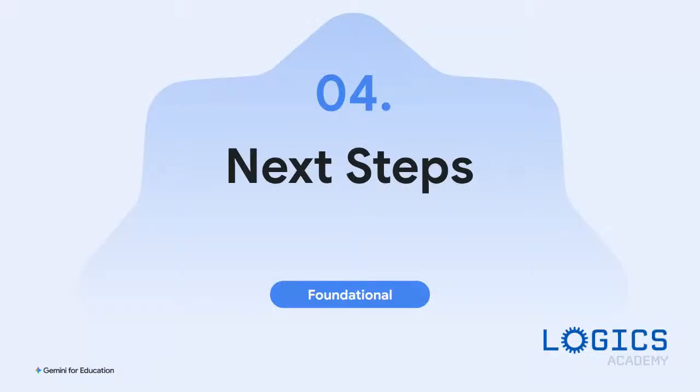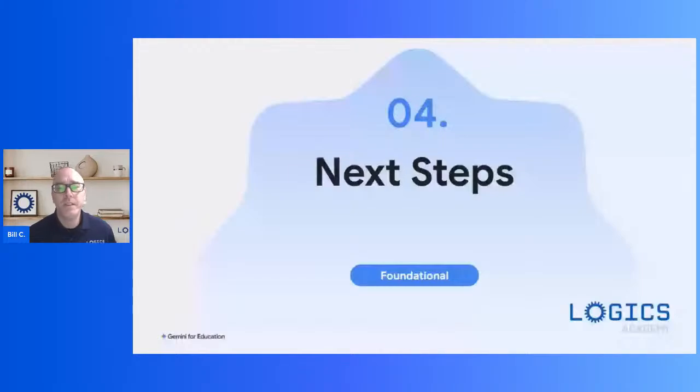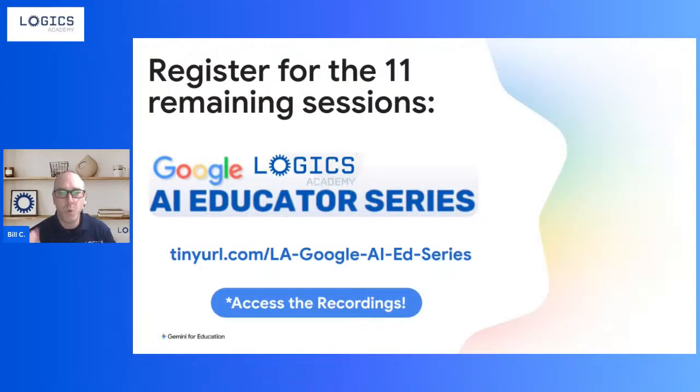So next steps. What are we doing here with the AI Educator Learning Series through Logix and Google? Well, we want you to do a couple things as we launch into our first session. Again, there are 11 more, and we want you to be set up ready for them. So next steps. First one is we want you to register for the 11 remaining sessions.